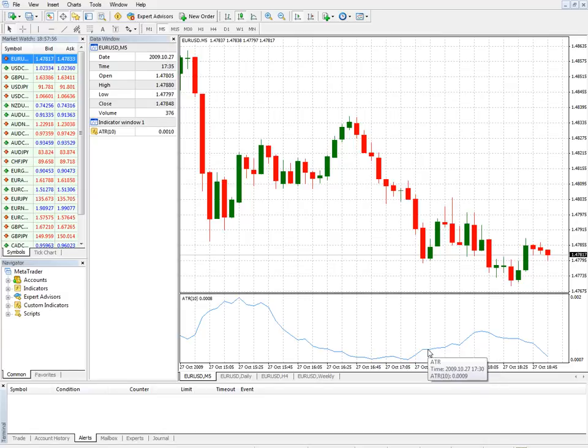So the market moves in a smaller range in a smaller time frame. So you can trade on a chart of this type of time frame and allow the market room to move with a smaller number of pips.